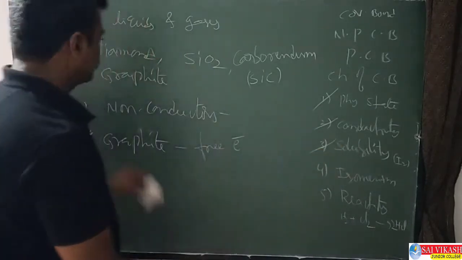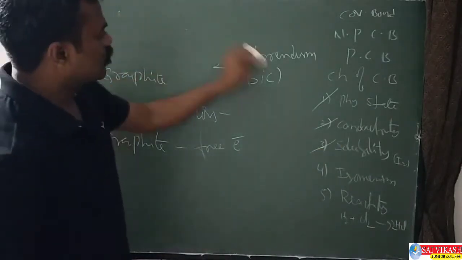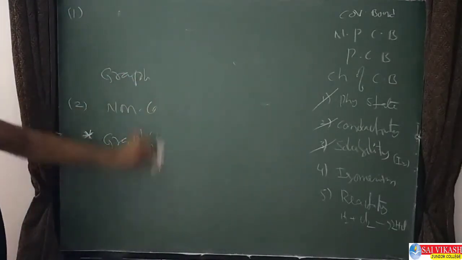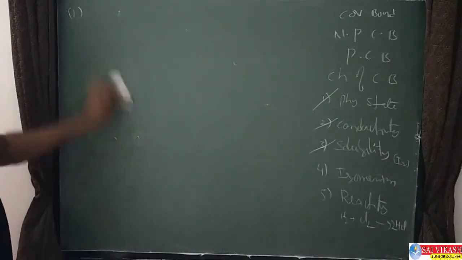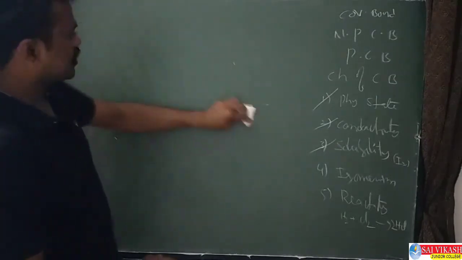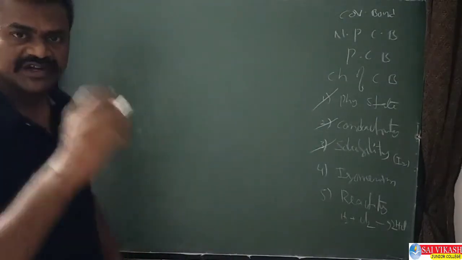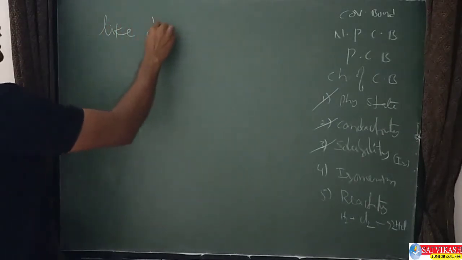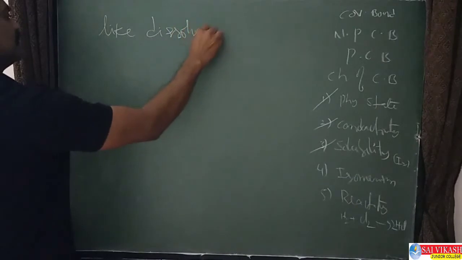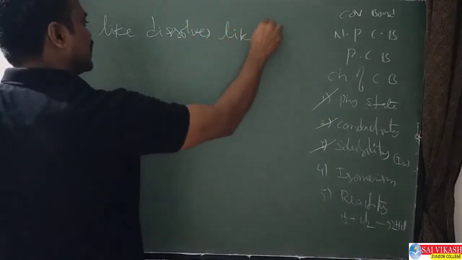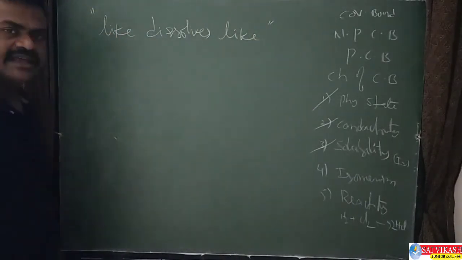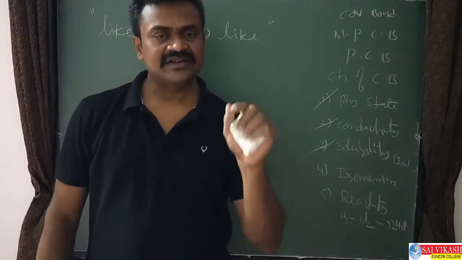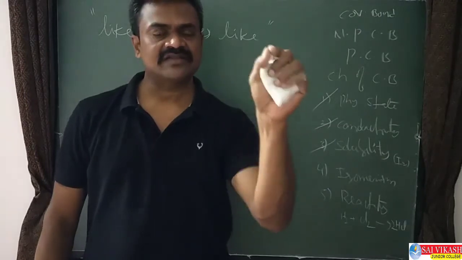Now solubility. The next property is solubility. Solubility can be explained based on one quotation: like dissolves like. I'll tell you what is meant by this.